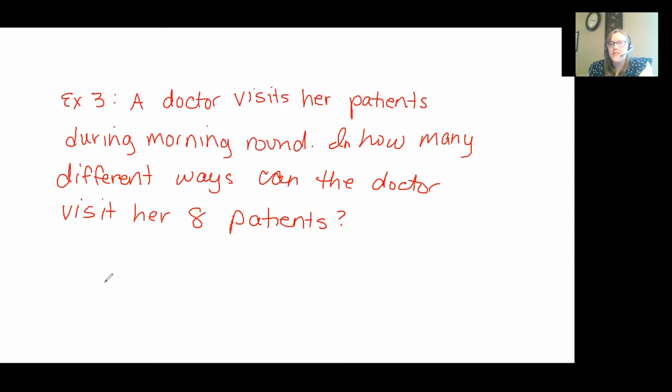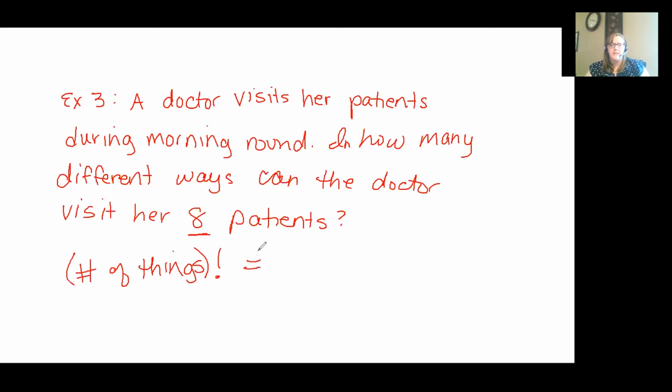So how we find this, if you just have a set of things and you're wondering in how many different ways you can order that set of things, all you have to do is take the number of things and apply the factorial to it.